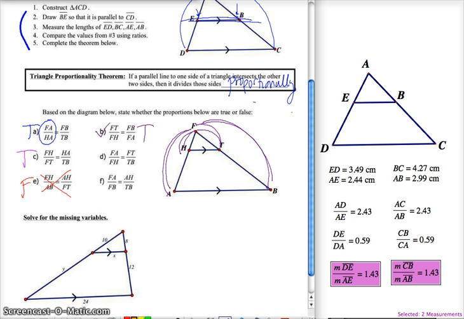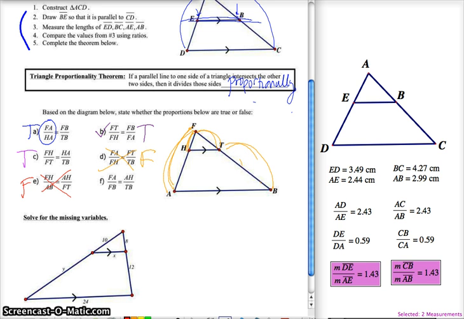Then we have, let me erase, FA is to FH as FT is to TB. So I had entire side, small side, or big triangle side, little triangle side, and then little triangle side, no. Those don't match up at all. So this is false.